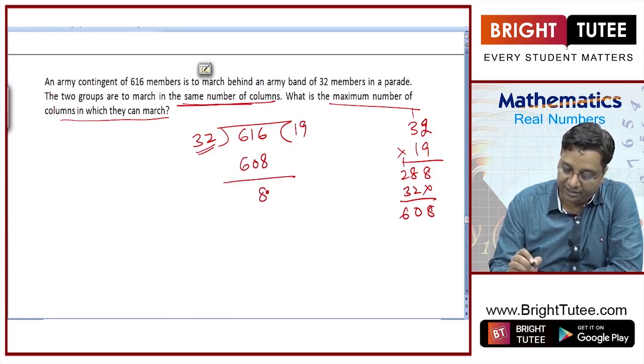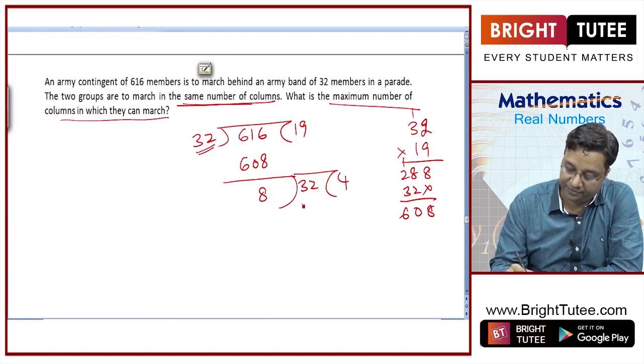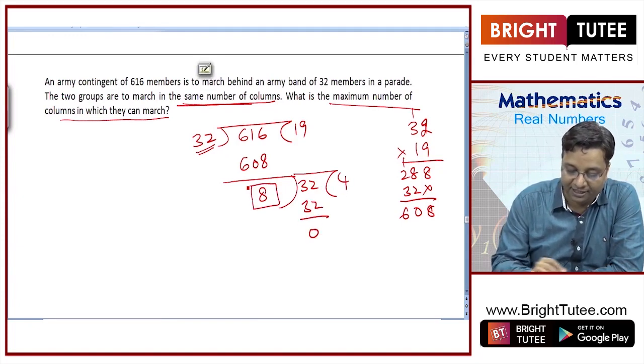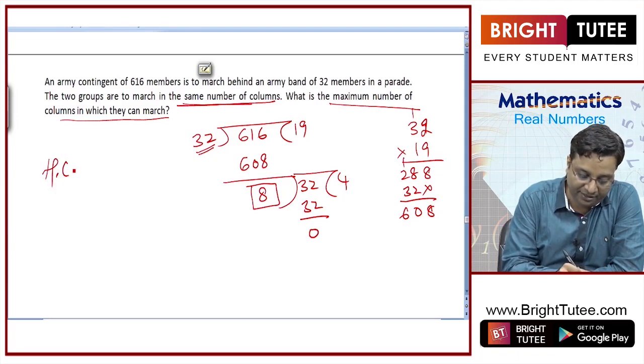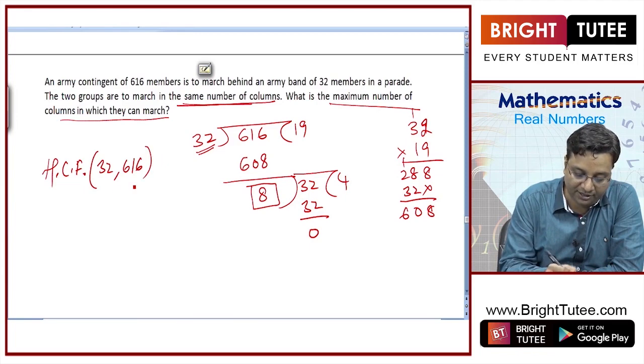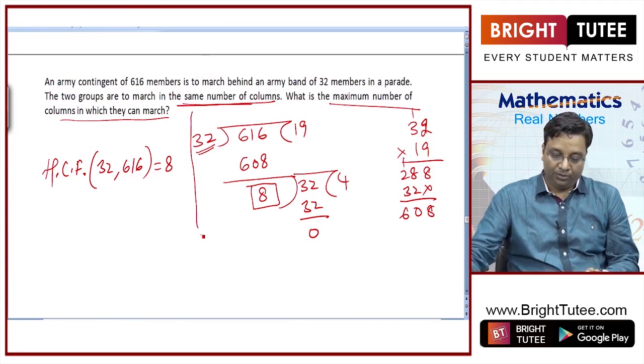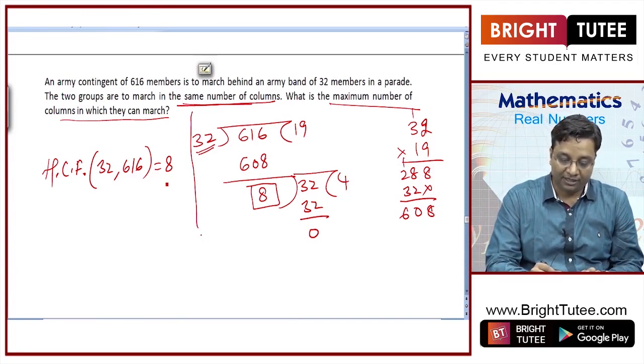So 8 is the remainder in this step. Now I will divide 32 by 8. 0 is the remainder in this step. So 8 is the HCF. HCF of 32 and 616 is 8, right. So they have to march in columns of 8.